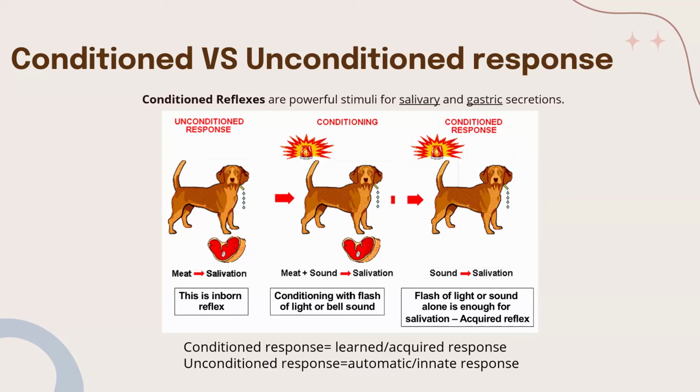So whenever he heard the sound of a bell or saw the flash of a light, he directly started to salivate even when meat wasn't presented to him, because in his brain, the sound of a bell means food. So this is the conditioned response, when something like a sound, or auditory or olfactory stimuli, is associated with food.